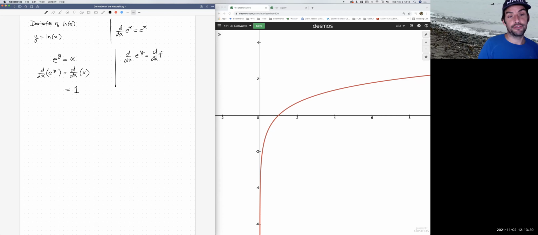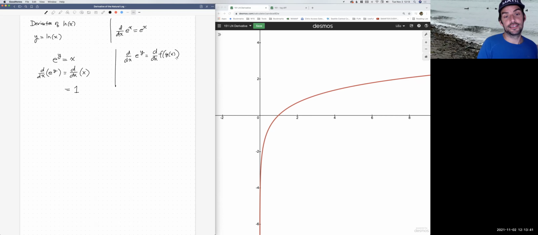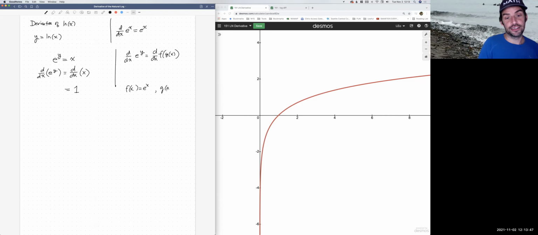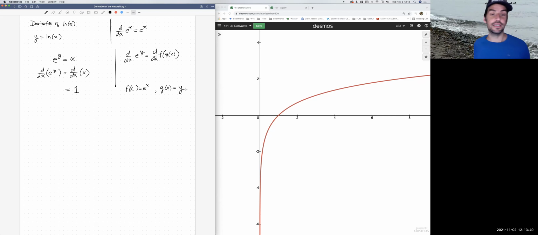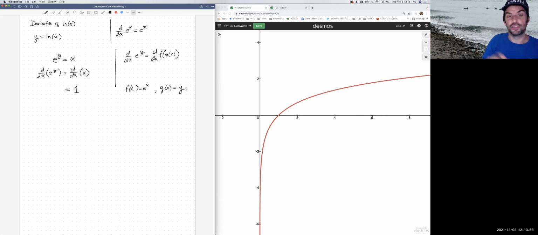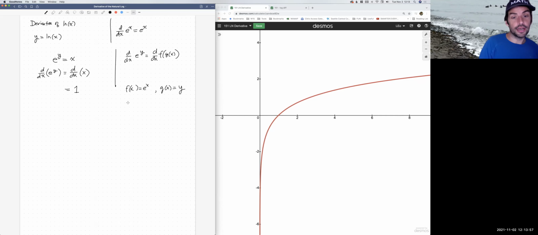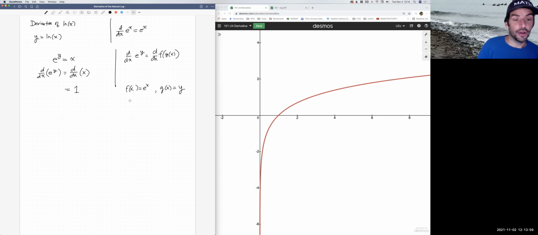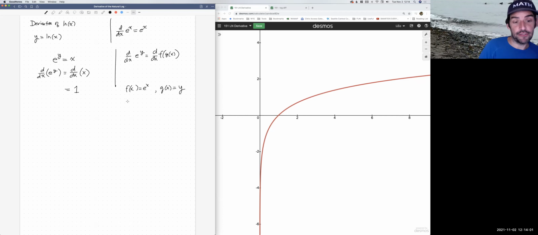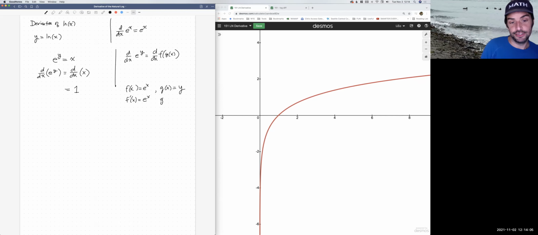Let's call it f of g of x, where f of x is our exponential, and g of x is some function, y, right? We know it's natural log, but we're just calling it y for now. So f prime of x is e to the x, and g prime of x is just y prime.